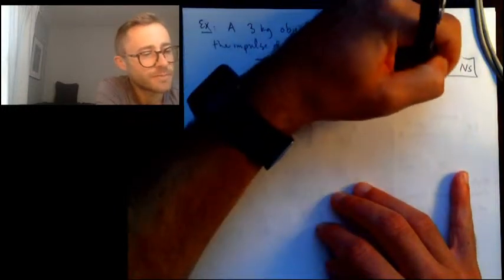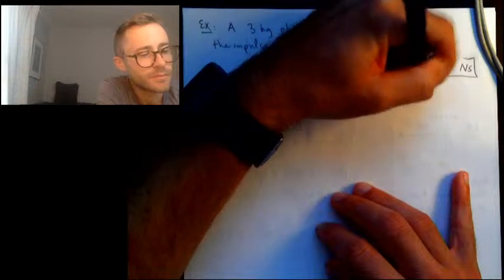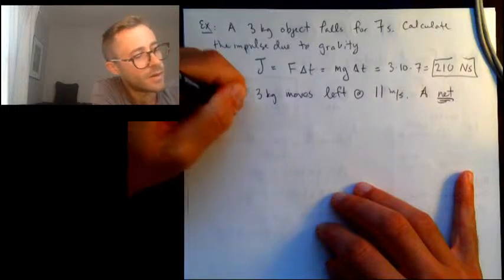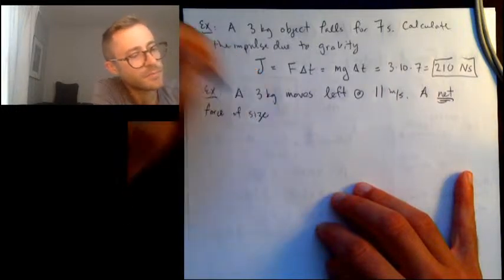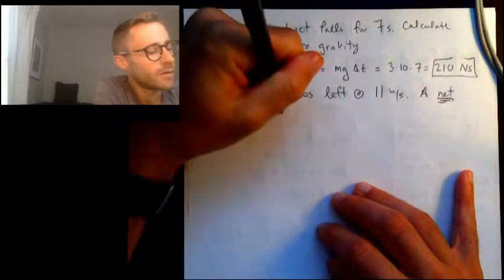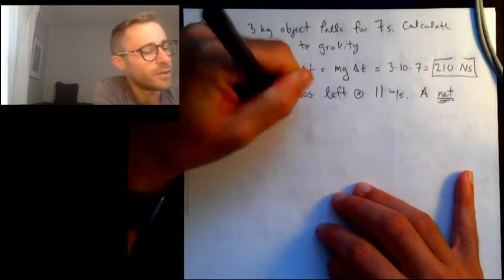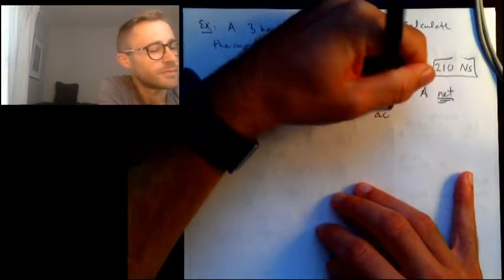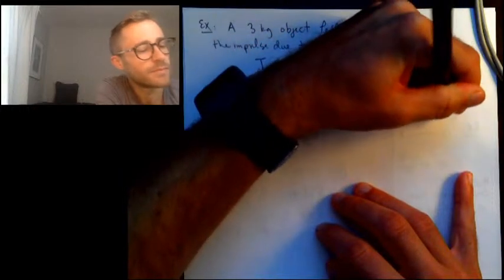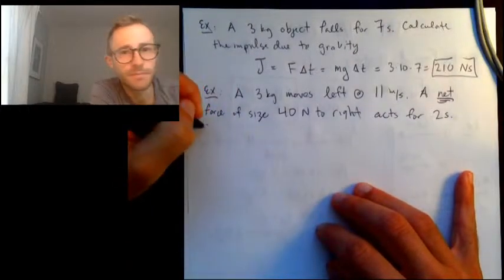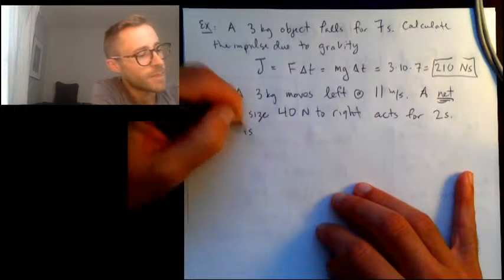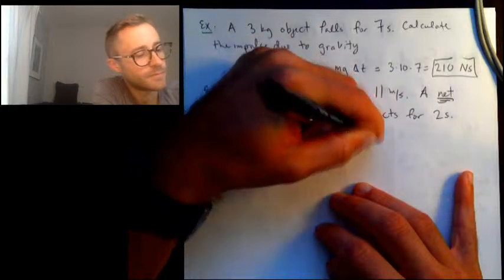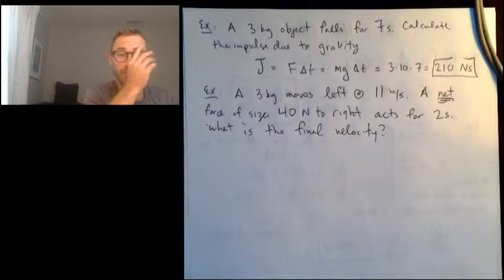A net force of size 40 newtons to the right acts for 2 seconds. What is the final velocity of this 3 kilogram object?